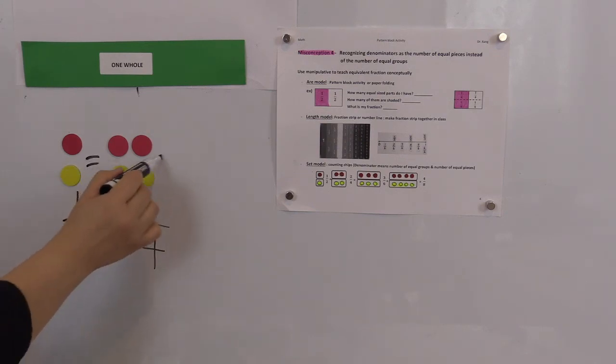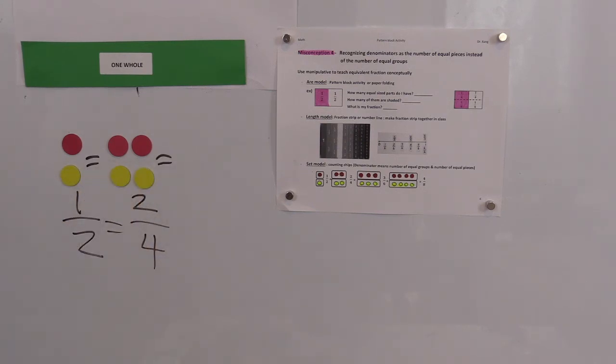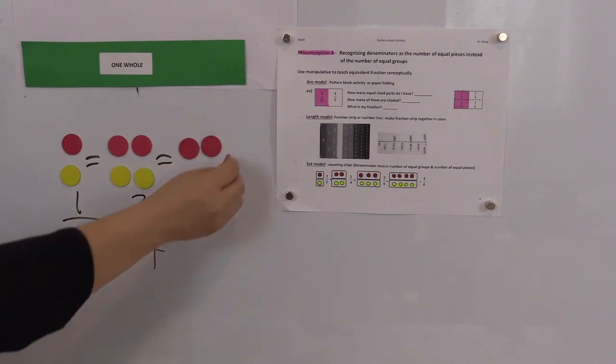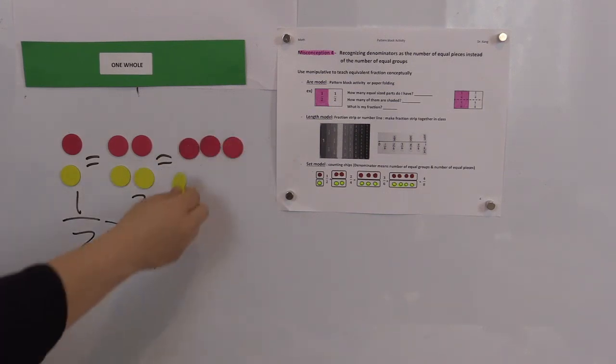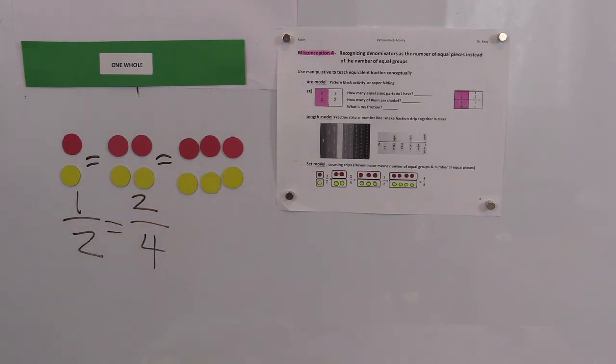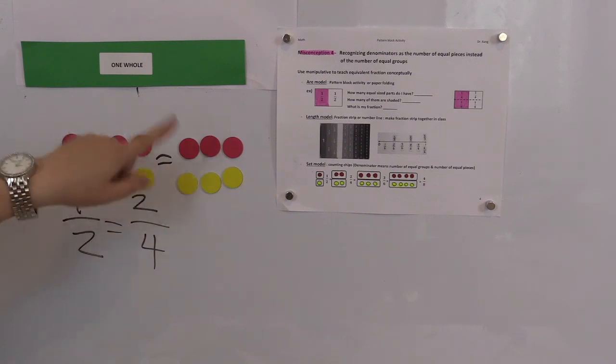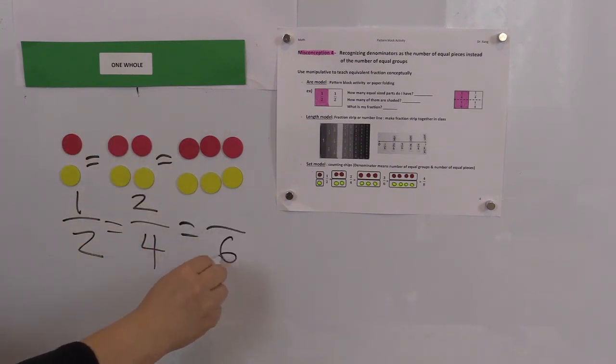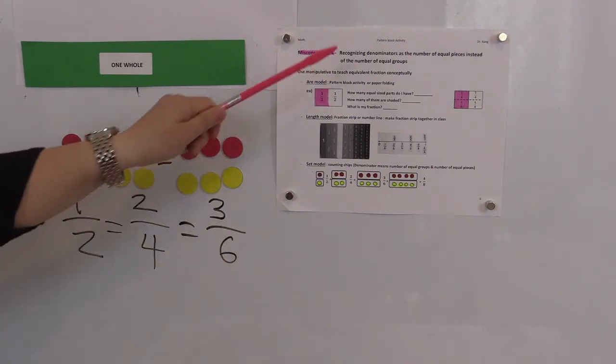So that's equivalent. Let's do one more. Okay. So what about this here? How many equal pieces do I have? 6. And how many of them are red? 3.